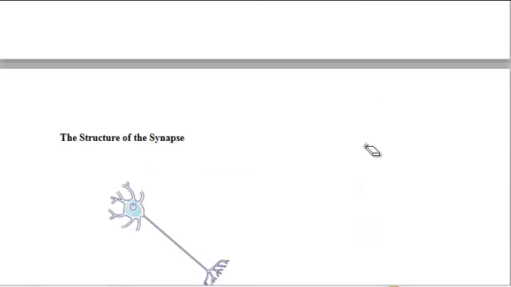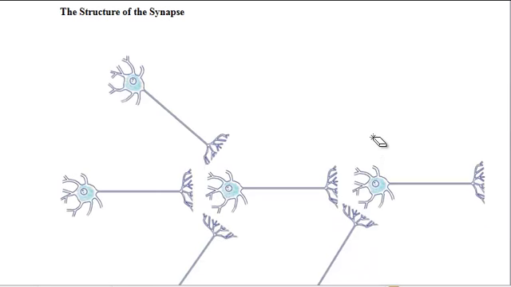Just before we start looking in detail at the structure of the synapse, we have to consider what the overall structure of the synapse is. We begin with the fact that there are many neurons, and we should be very comfortable with what the different parts are now. This end is the dendrite, and its job is to receive chemical signals.